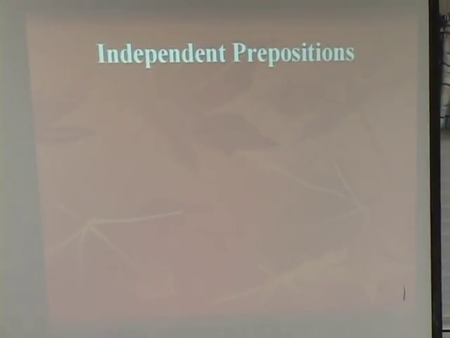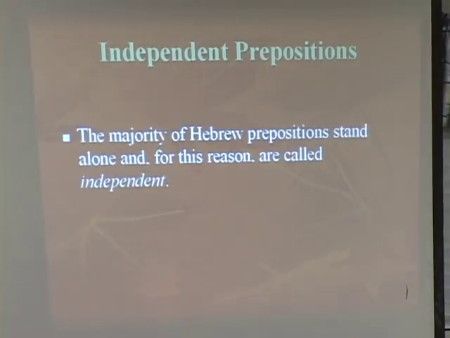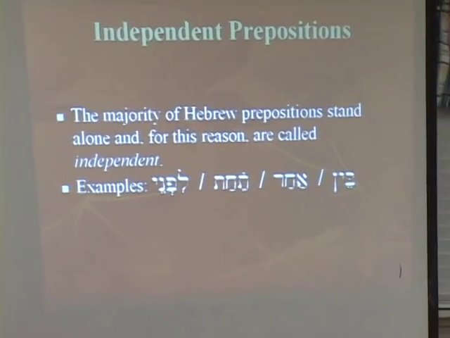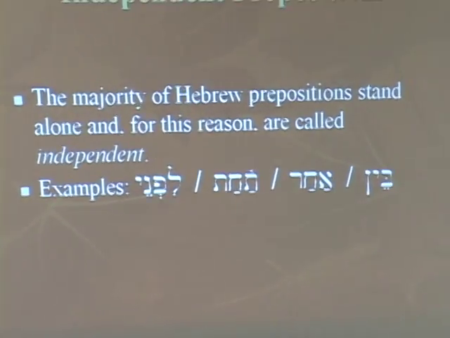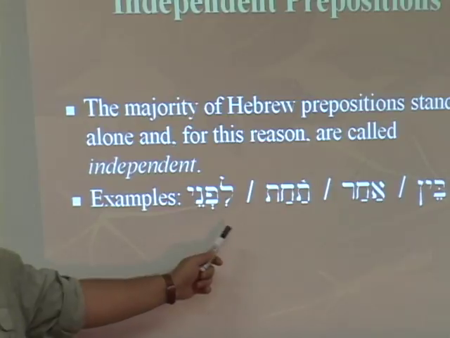There is such a thing as independent preposition in Hebrew language. These prepositions usually stand alone. That means they're not adjusted to the neighboring words. They're called independent. Examples are lifnei, that means before.